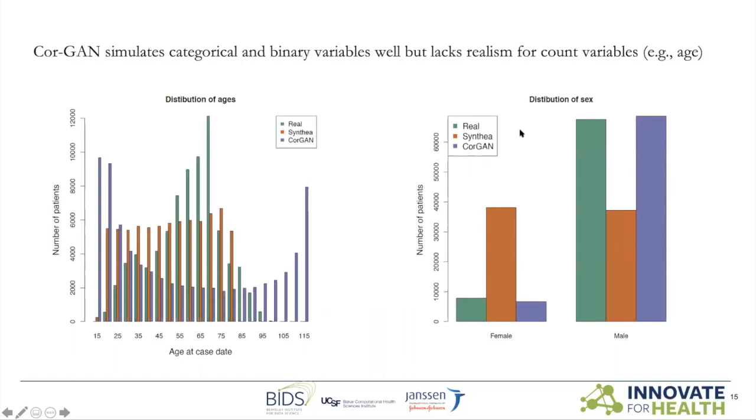But CorGAN does do better on categorical and binary variables. Looking at the distribution of sex in the database, again using the same colors, the real and the CorGAN have the same numbers, and are able to replicate the same frequency of female to male, whereas Synthea is fairly equal across the distribution, given the sampling was equal within the simulation care map.